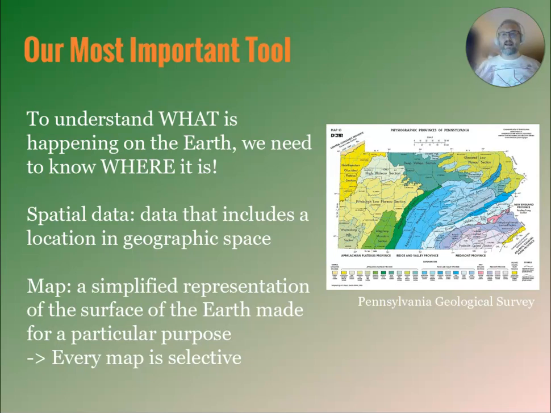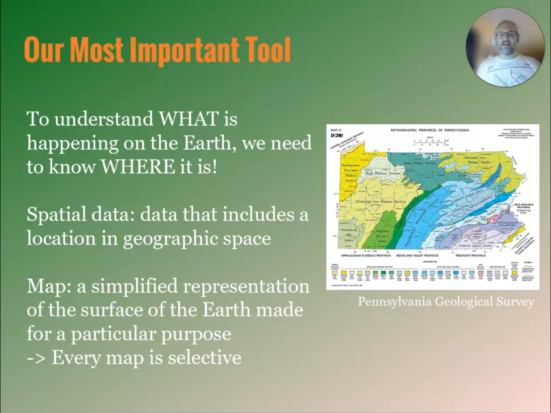And this map is a simplification, of course. There's lots of things in the state of Pennsylvania that are not on this map, right? You can see that we've got the outlines of the counties there, but we don't have, say, the outlines of cities and towns. We've got some of the rivers indicated, but that is certainly not all of the rivers there are. And those areas of different landforms are kind of simplified.